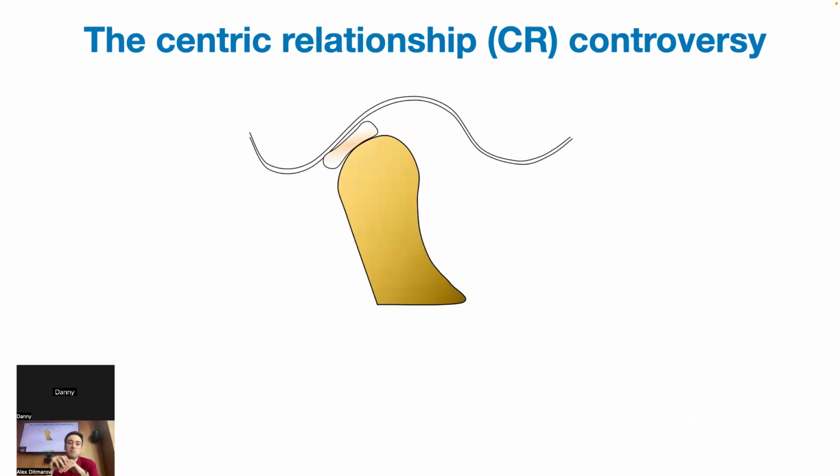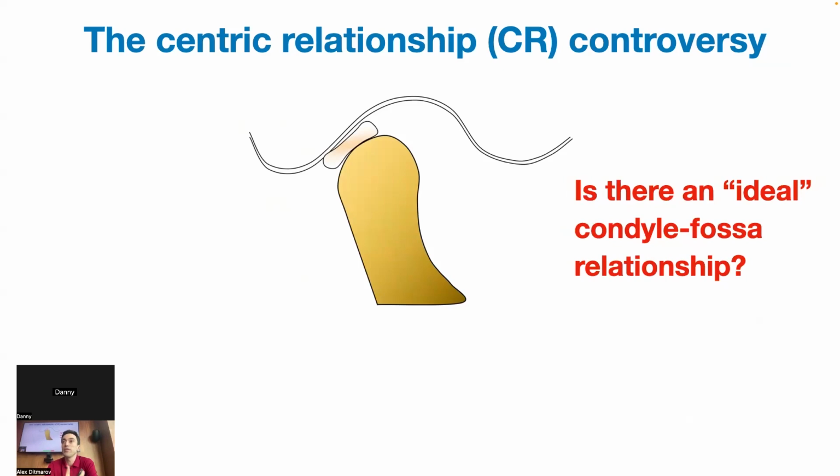It started in the 1920s in the US. And what these people who called themselves gnathologists talked about, mainly they were preoccupied with this question: is there an ideal condyle-fossa relationship, which is good, which is healthy, which presumably can treat TMD, whatever the belief was. There were many beliefs.